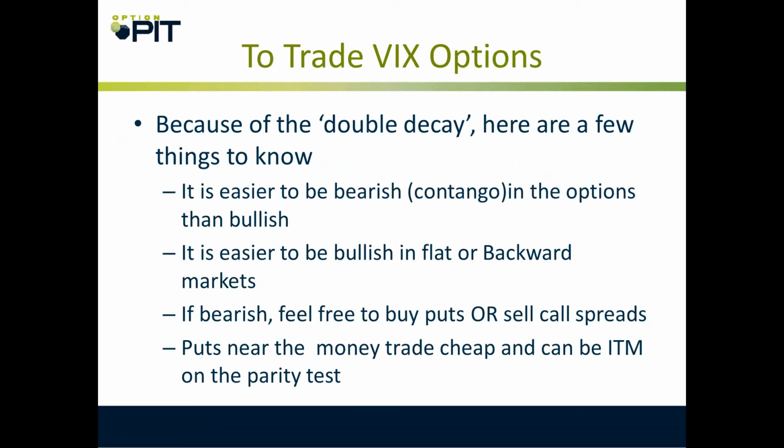VXX is going to move when the futures move, right? VIX can stall, the futures can stall a little bit, which if you're selling premium, you want. Does that make sense? Right.